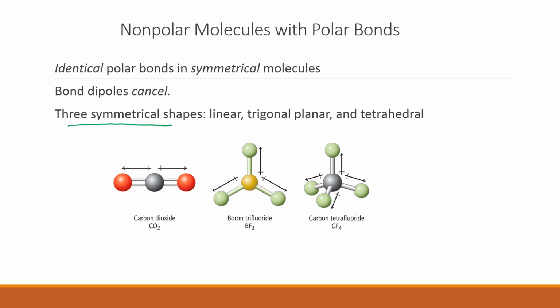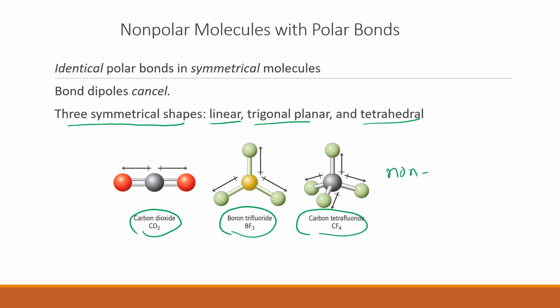The three symmetrical shapes in which the dipoles cancel are linear, trigonal planar, and tetrahedral. If your molecule is any of these three cases and it has dipoles, those dipoles will cancel and all of these molecules will again become non-polar.